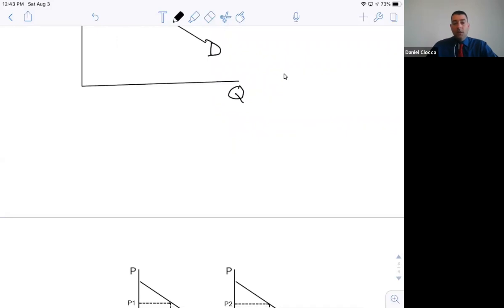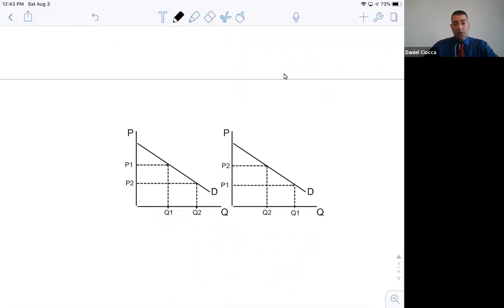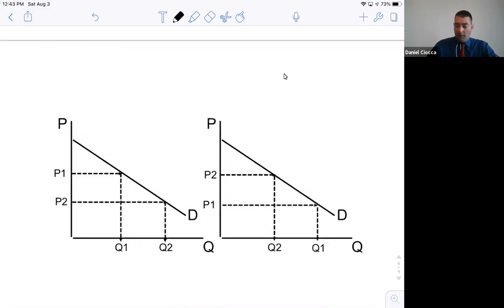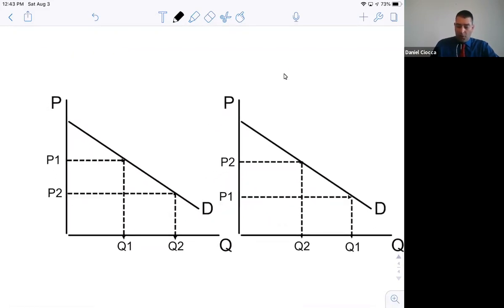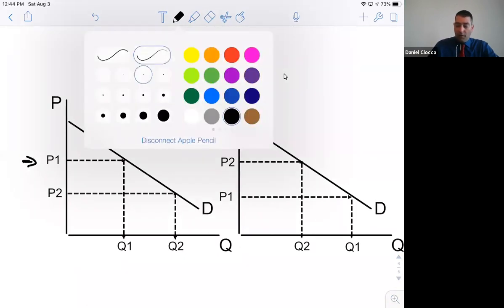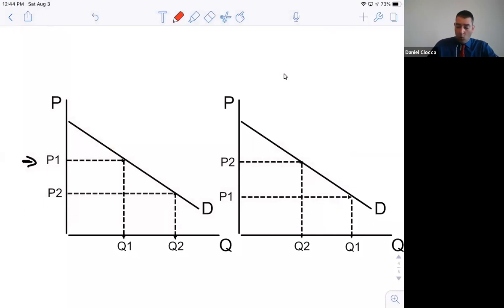Thus, we see we have a vertical price axis, a horizontal quantity axis, and a downward sloping demand curve. Now, let's see what happens when we want to illustrate a change in price. Very simply, change in price, movement along the demand curve. So, I have right here, notice, P1. And with P1, if I want to find the corresponding quantity that customers are willing and able to buy, I go over to my demand curve and down to the quantity axis.